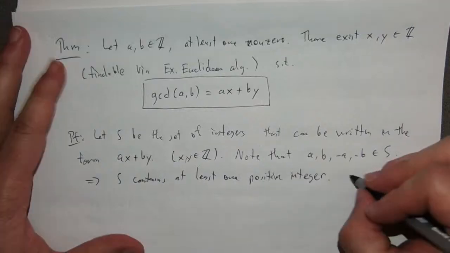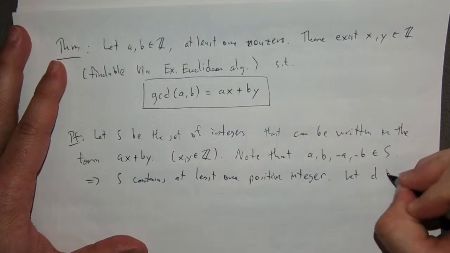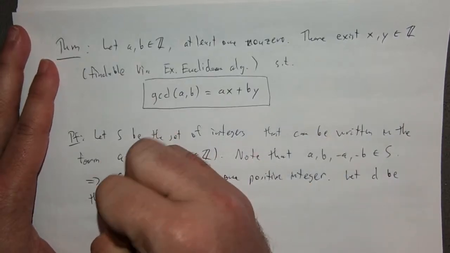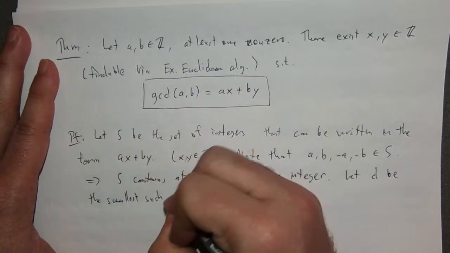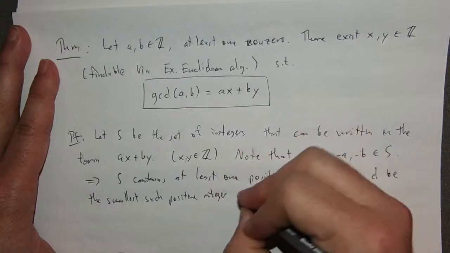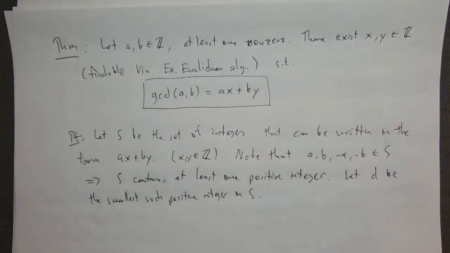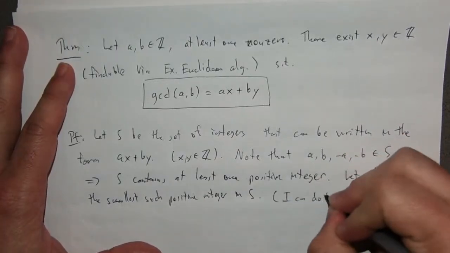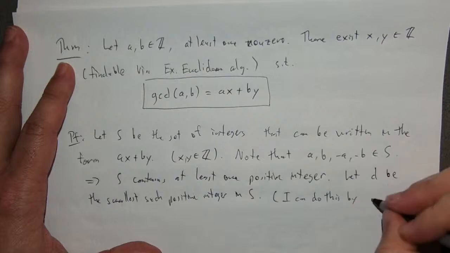So let D be the smallest such positive integer in S. Why can I do this? So I can do this by the well-ordering principle.